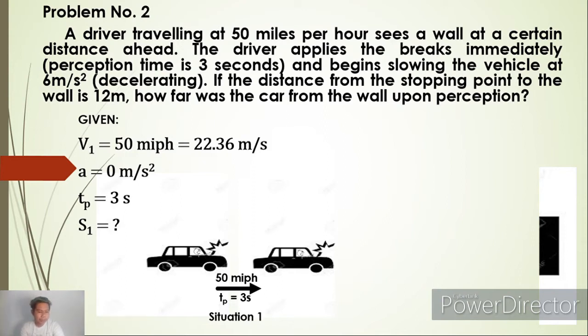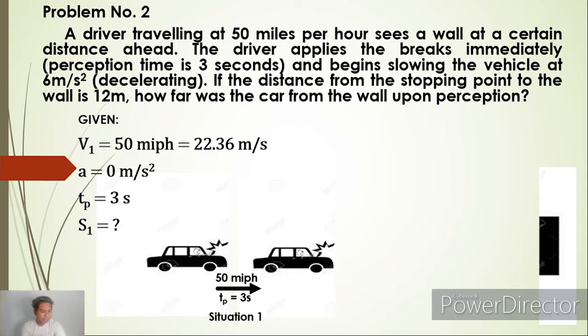So, maintain yung speed niya na 50 miles per hour, which is the initial speed, and also the final speed niya doon sa perception time na 50 miles per hour. So, acceleration is constant, which is equal to 0. So, hindi nag-accelerate nor nag-decelerate yung kotse doon sa perception time na 3 seconds.